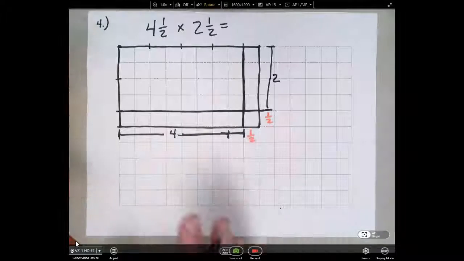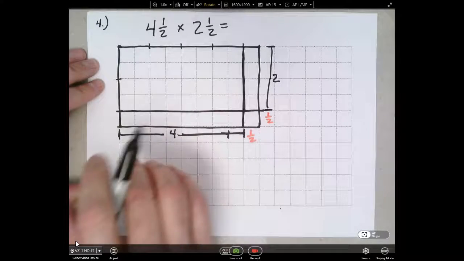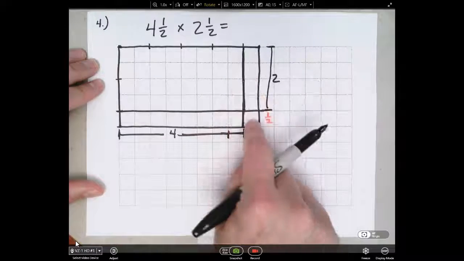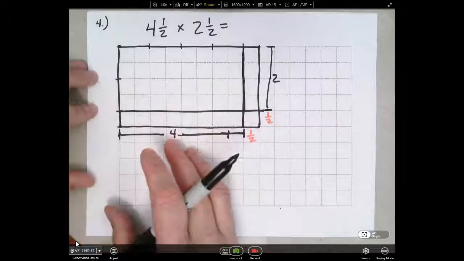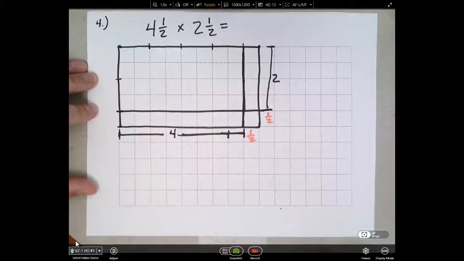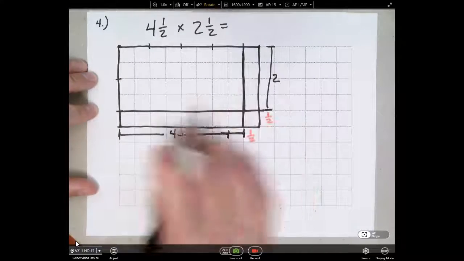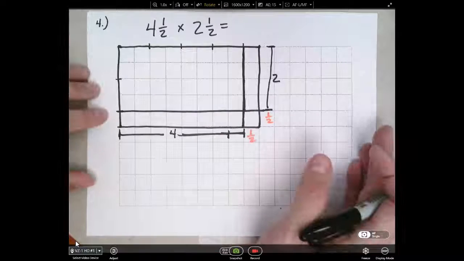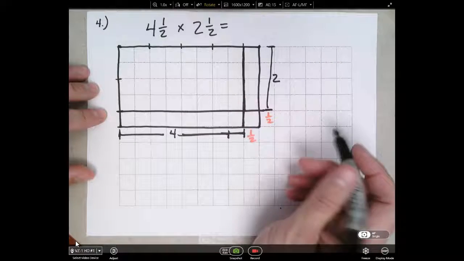Now, just as in the other model, okay, if I can figure out the size of each of these boxes within the rectangle, since there's no open spaces here, if I can figure out the dimensions of each of these boxes, add them together, then I would have the total in the box, which would be the answer to my multiplication problem.